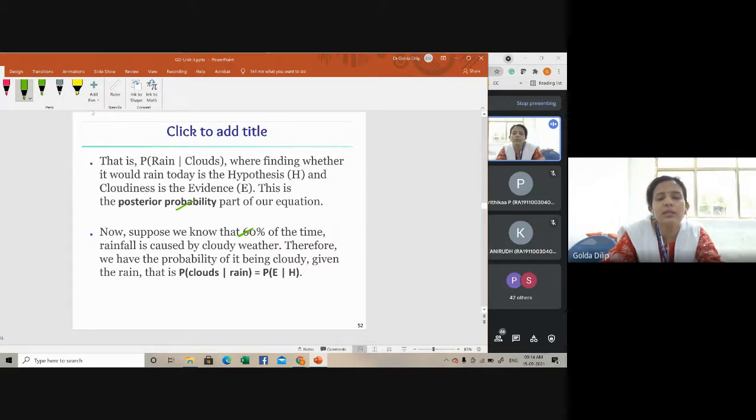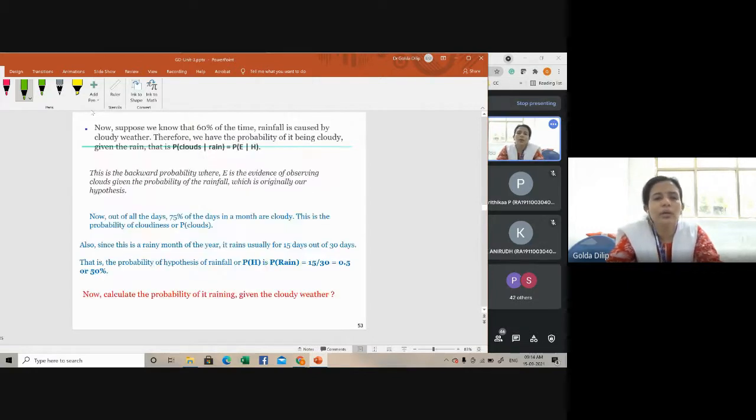The evidence is cloudiness and the hypothesis is rain. This is called the backward probability, where E is the evidence of observing the clouds given the rainfall, which is originally our hypothesis.